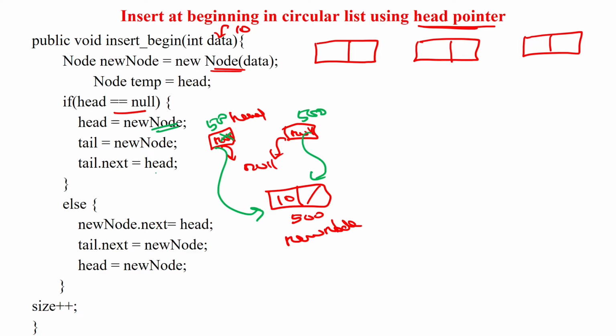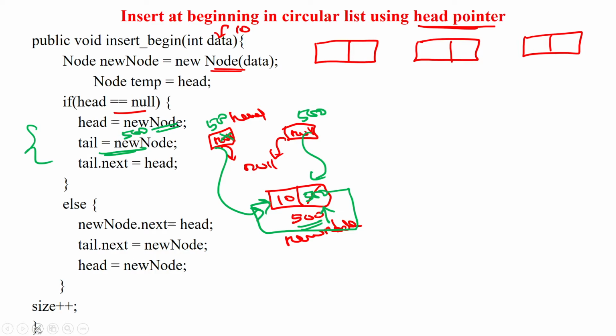Then tail's next: as of now the tail node is 500, and tail's next is going to point to itself, because a single node is available in the circular linked list, so 500. This is the way to represent it in the case of an empty list.